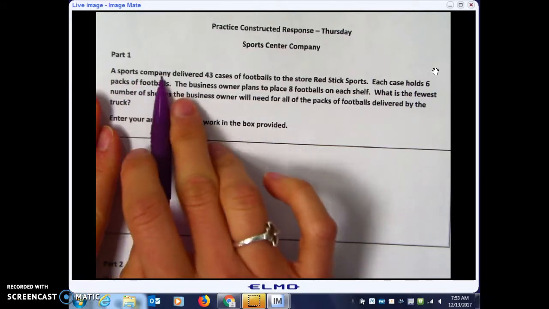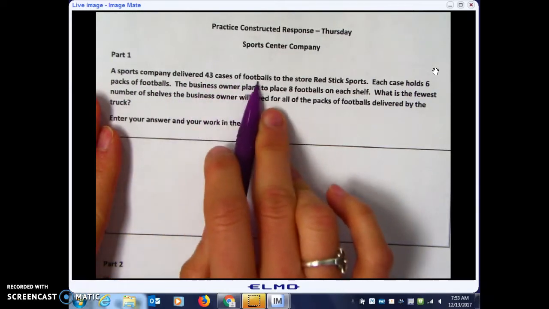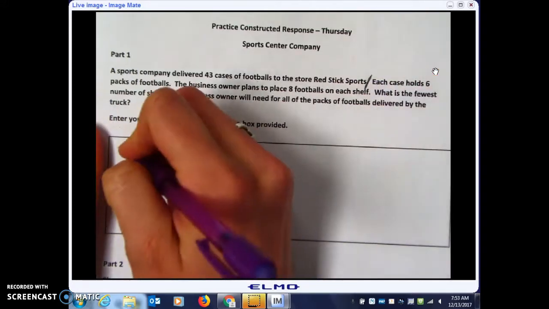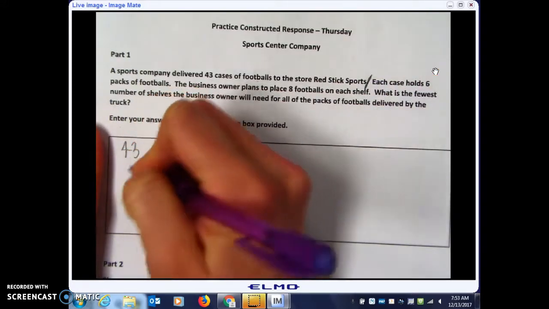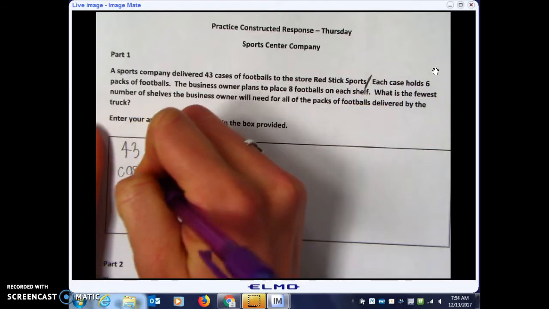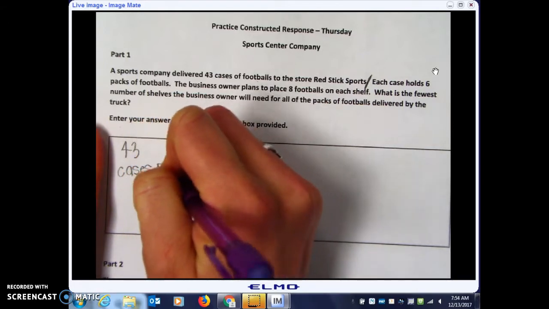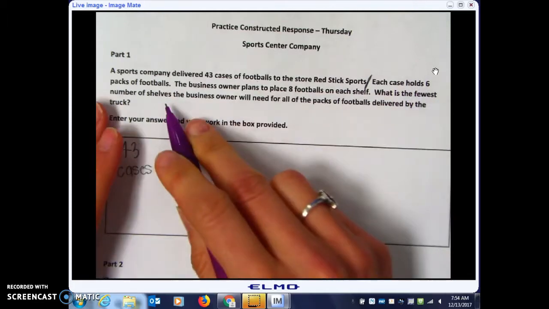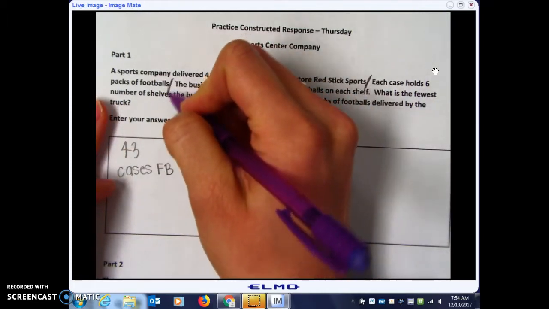A sports company delivered 43 cases of footballs to the store Red Stick Sports. So 43 cases of footballs. Each case holds 6 packs of footballs.